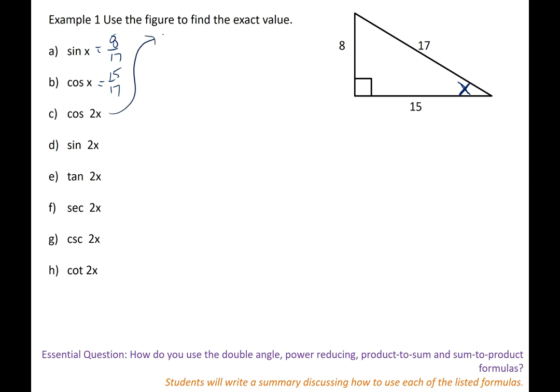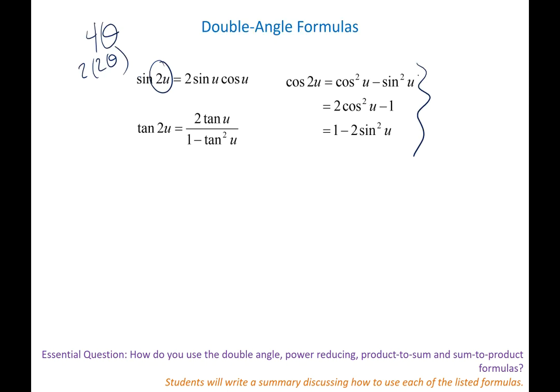So I'm going to move my work for part C here. It doesn't matter which one of the cosine formulas I work with. I'm going to choose the one that says cosine squared minus sine squared. Is that right? Yeah. I'm going to choose to use this formula right here, cosine squared minus sine squared for my double angle this time.